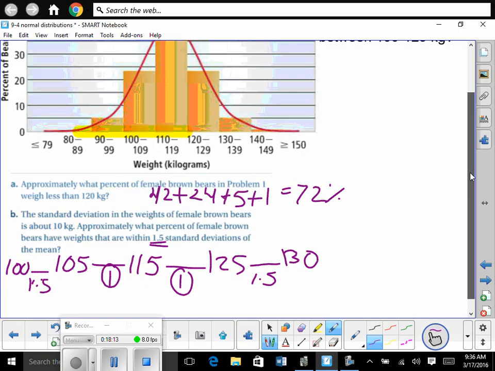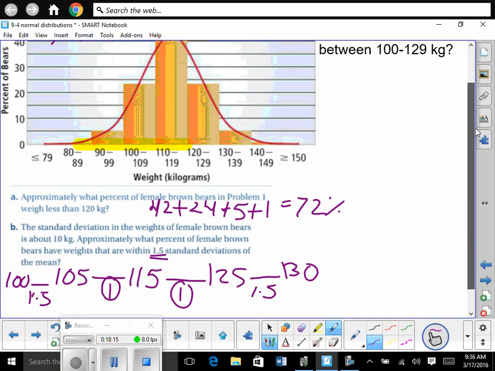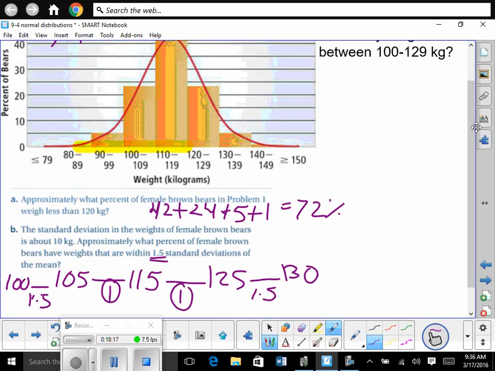So now let's look at our picture. So between 100 to 130, right? So didn't we already get that? So that's within 1.5 standard deviations.